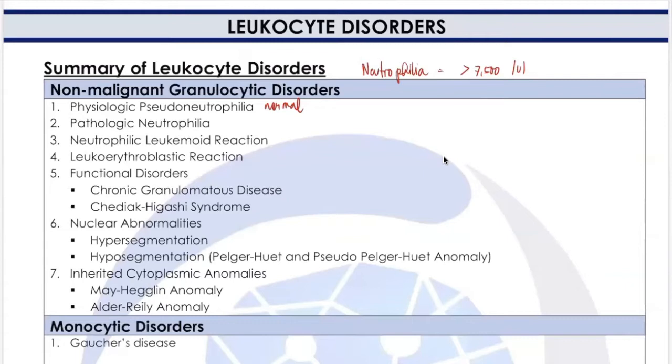Therefore, toxic changes are not found. Unlike in the case of pathologic neutrophilia, this is where we could find toxic changes already. So again, when we say toxic changes, we are to expect the presence of granulations, vacuolations, and the Dohle bodies.